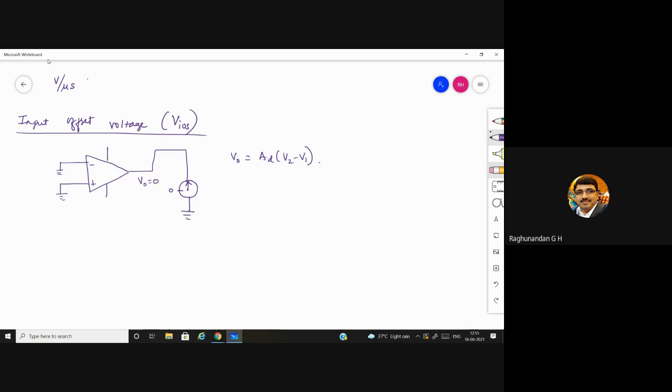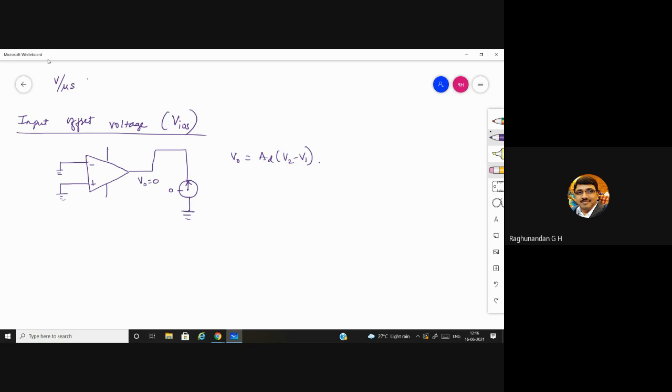This small amount of voltage which is present at the output is because of some non-zero input signal. Even though we have grounded, what we usually do is connect it to the ground terminal of the power supply. So there is some leakage which is happening from the power supply.